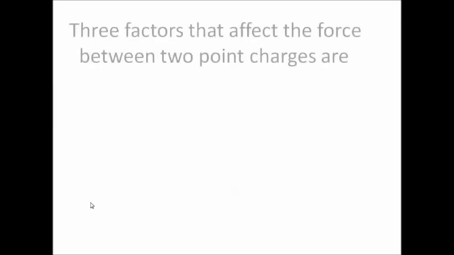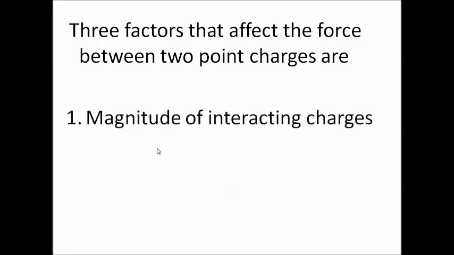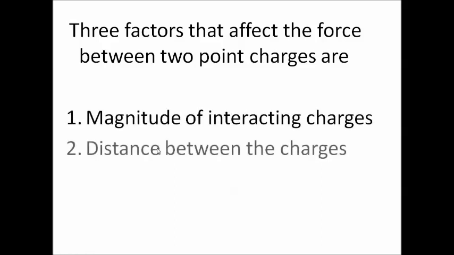From this expression you can see that along with Q1, Q2 and R, the distance separating them, the property of a medium is also affecting the magnitude of force. So mainly three factors affect the force acting between two point charges: magnitude of interacting charges, distance between the charges, and the medium. The property of the medium here is the electric permittivity.